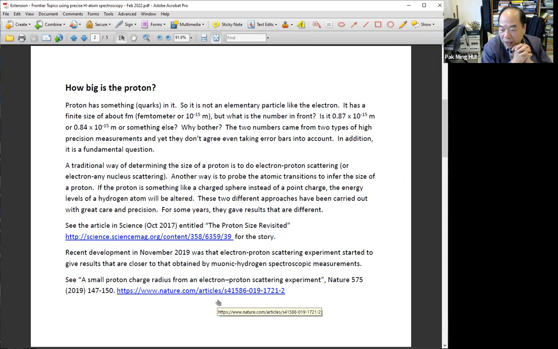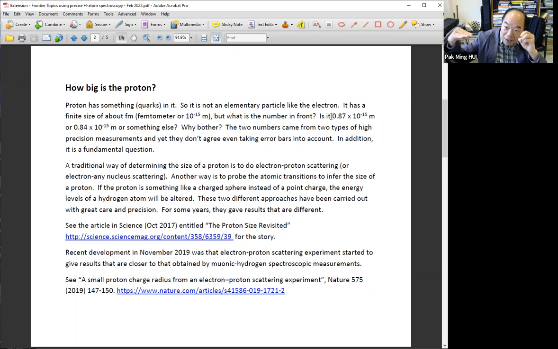Another problem I already mentioned is how big is a proton? Well, that is a long story, but basically what I would like to point out is that for many years, there are different groups using two kinds of techniques. One has to do with scattering of electrons off protons.